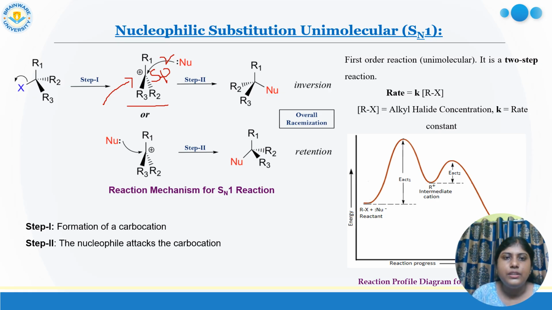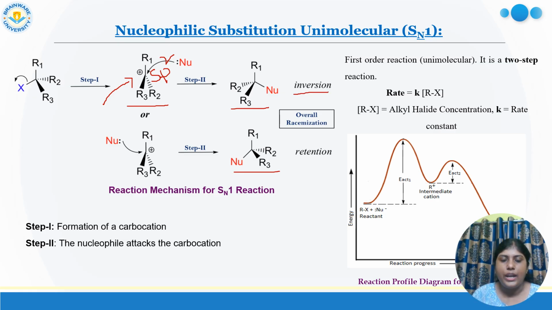So if the nucleophile attacks from the same side as the leaving group, then it is retention of configuration. And if the nucleophile attacks from the opposite side of the leaving group, then it is inversion of configuration.